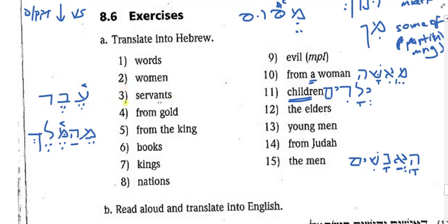When I make it plural, eved becomes avadim. And what will happen to my stress over here? It goes away, goes to the end. What happens to my two vowels? They become what? Under the ayin, vocal shva, qamats. Can I leave it like that? No. What's the problem here with a vocal shva?